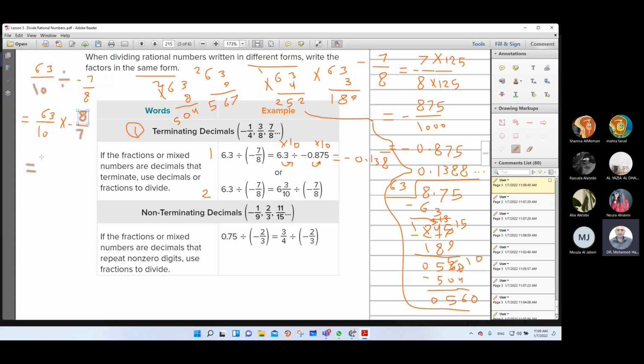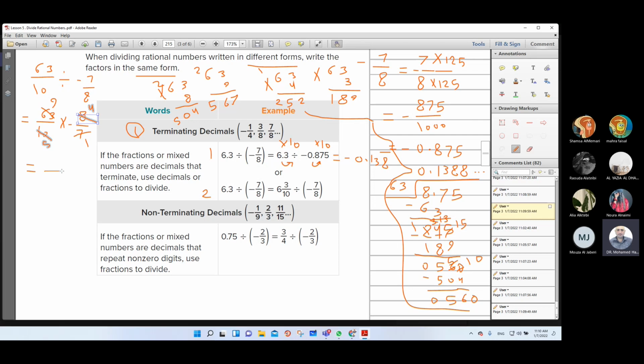Then we can do simplest form. If you divide 7 by 7, you will get 1. And 63 by 7, you will get 9. And if you divide 8 by 2, you will get 4. And 10 divided by 2, you will get 5. So it means up 9 times negative 4, 9. And down 5 times 1.